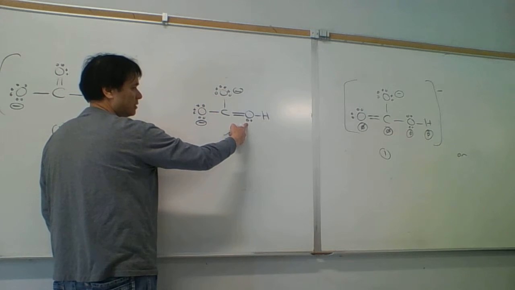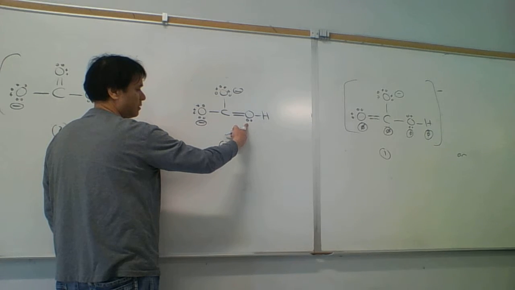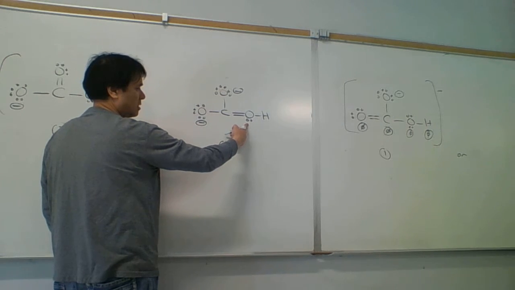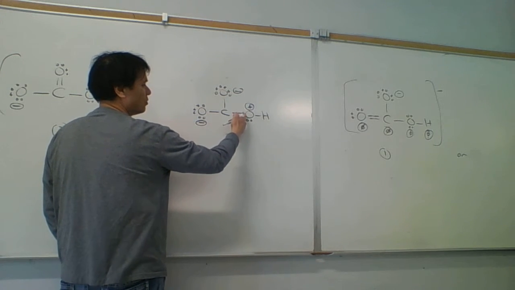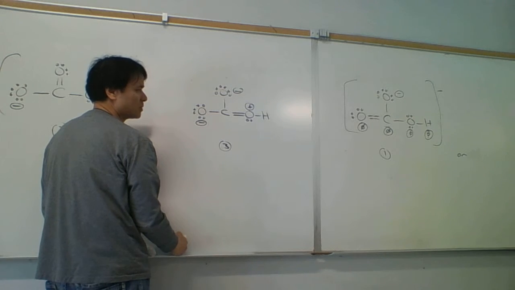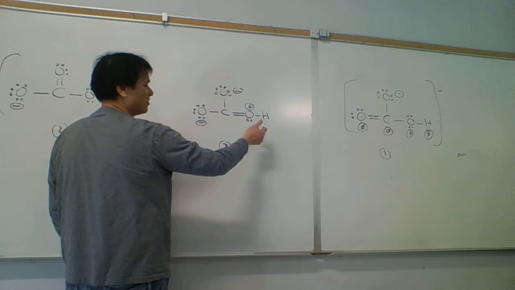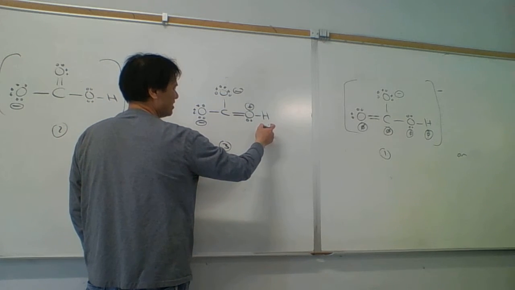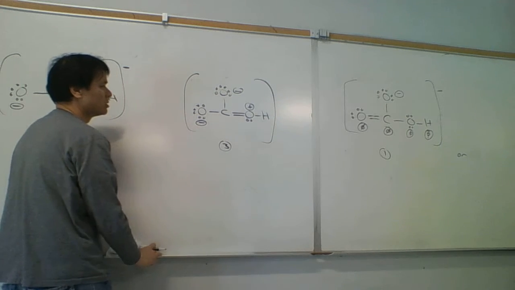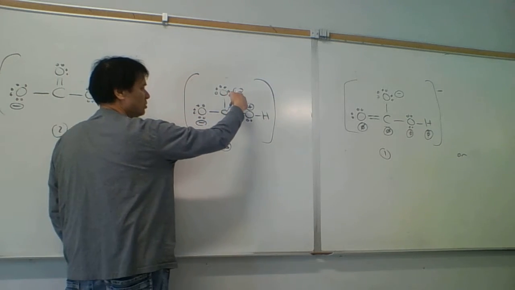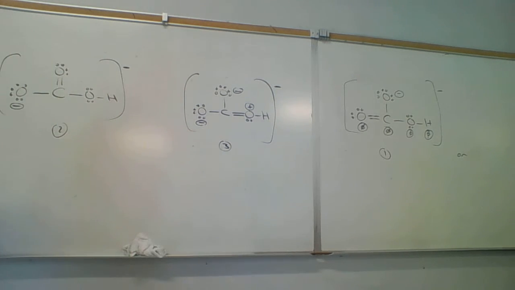This oxygen comes out plus. It has 5 electrons. It's supposed to have 6, so it's missing 1. So we're lacking 1 negative charge. It's going to make it positive. And this hydrogen? 0. And so we'll add up the formal charges to get the net charge. So -1, -2, +1 gives us -1 as our net charge.